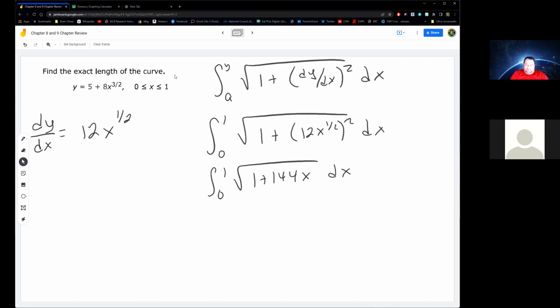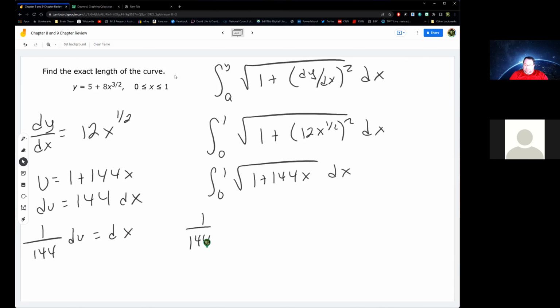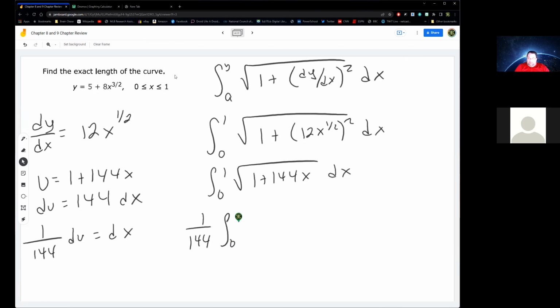If I make u 1 plus 144x, du is 144 dx, so 1 over 144 du equals dx. So I've got the 1/144 up front, and it's just the square root of u du.